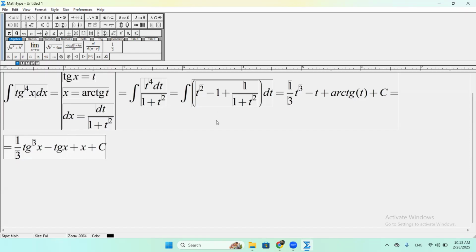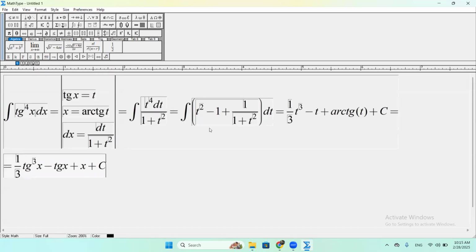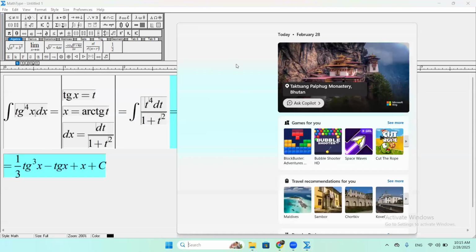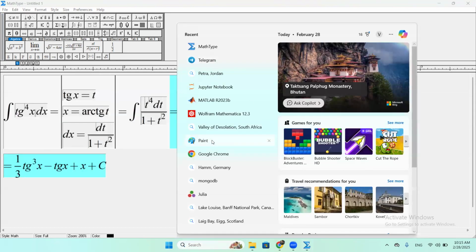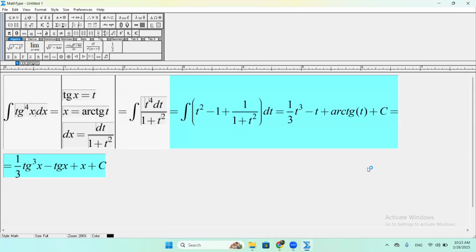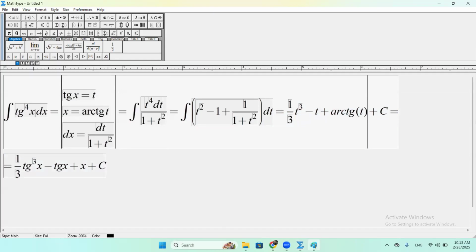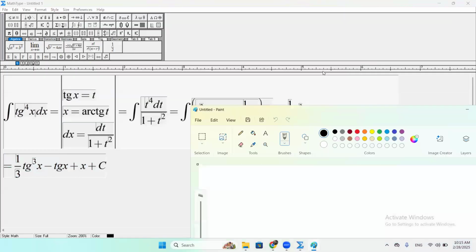When we expand t to the fourth power over 1 plus t square, we divide like we divide numbers, something like this. Let me show you, let me remind you how to do it. So we perform the following action.